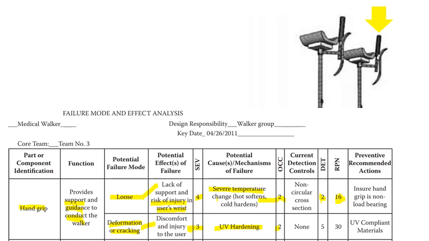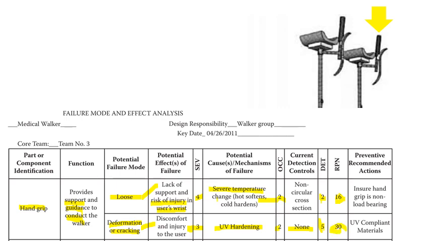It's pretty low. However, currently we don't have any detection control to detect that the hand grip is deformed or hardened. That's why the detection rating is high, meaning that it is bad. We don't have any detection control method.